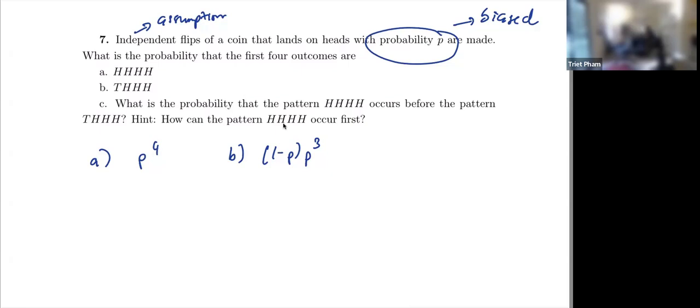Notice these kinds of questions, where one pattern comes before another pattern in general, would be a difficult question. In the order of things, it probably belongs in a stochastic process class rather than this one.